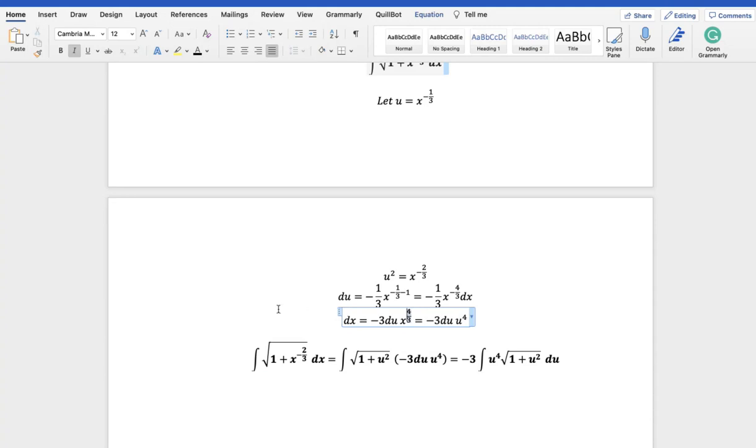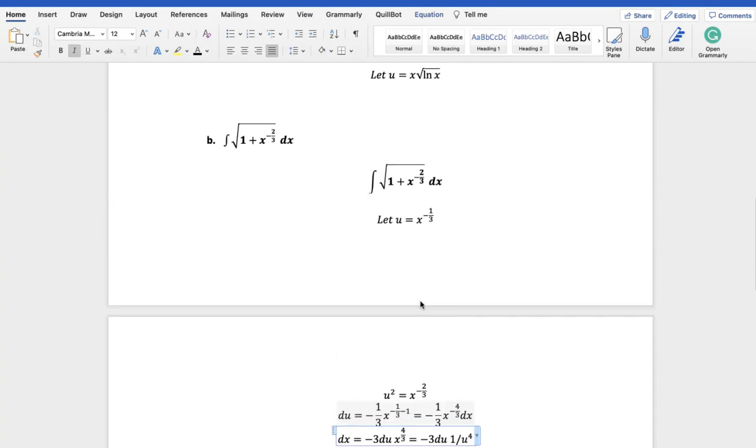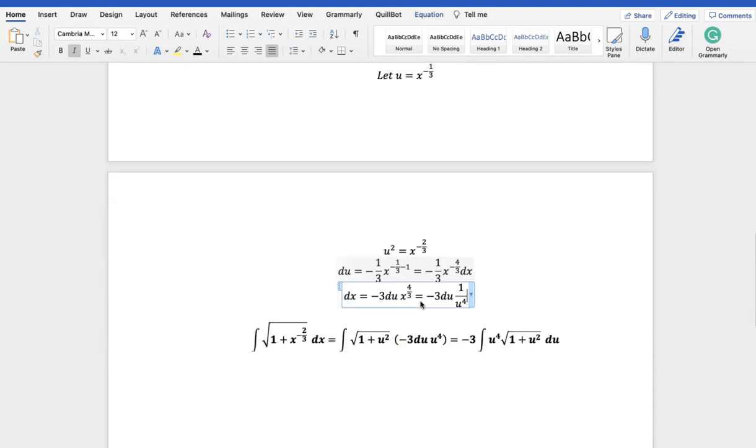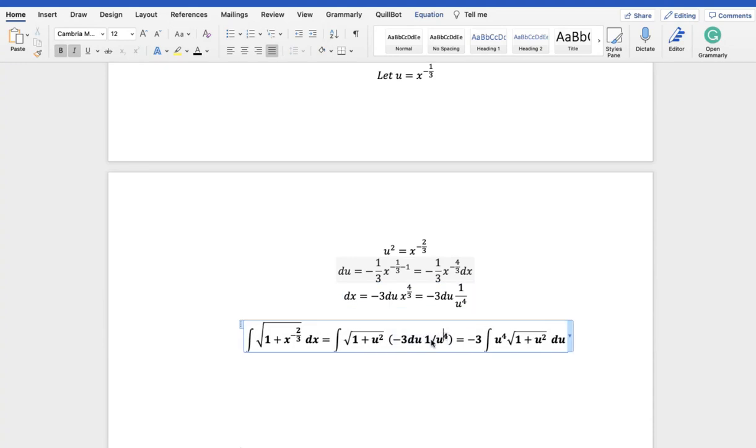So this is 1 over u to the 4, which is then 1 over u to the 4 here, and 1 over u to the 4 there. Okay.